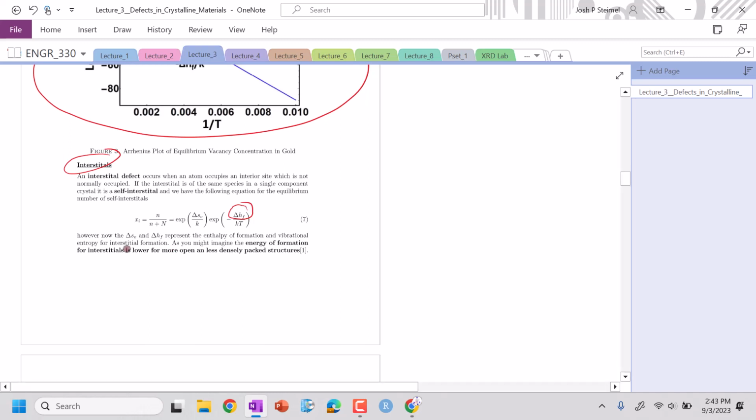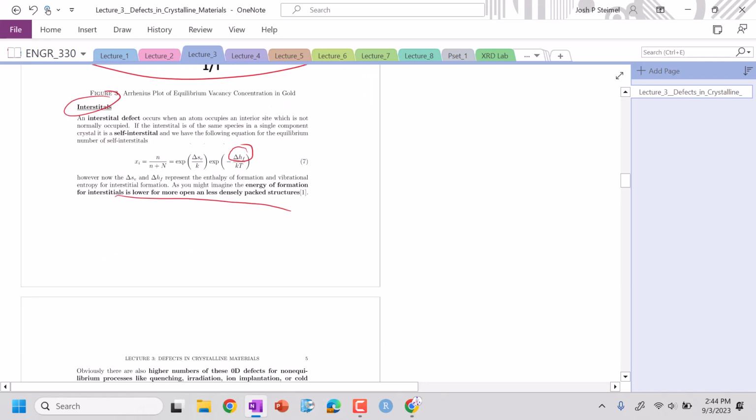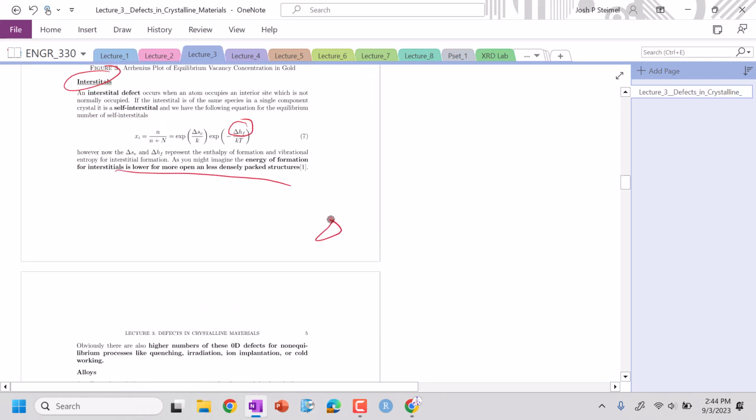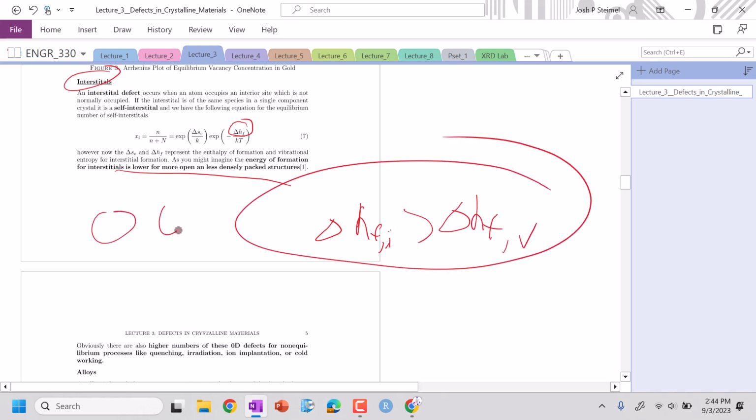The delta H of formation for a self-interstitial is typically going to be larger than the delta H of formation for the creation of a vacancy. And why is that? Well, if I have a densely packed structure here, it's tough to squeeze in an atom like this, and it's much easier for the atoms to relax back to those positions.